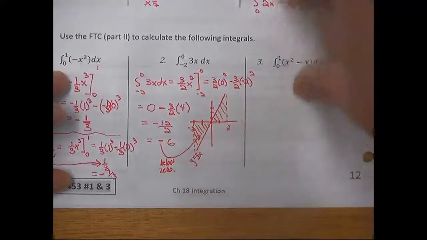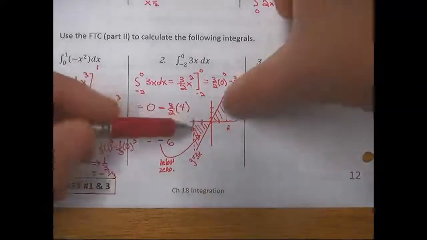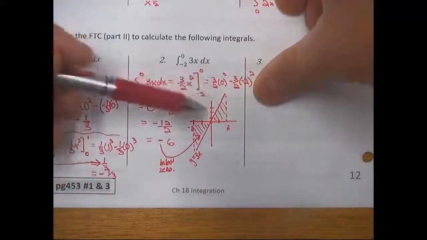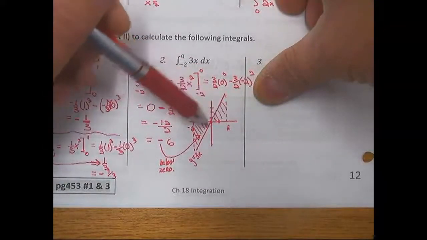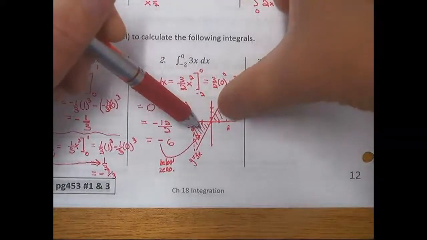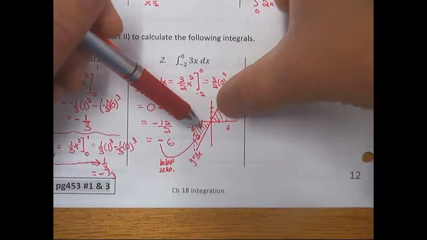So if we were doing some sort of physical problem, the total area there is 12. The net area would be 0.